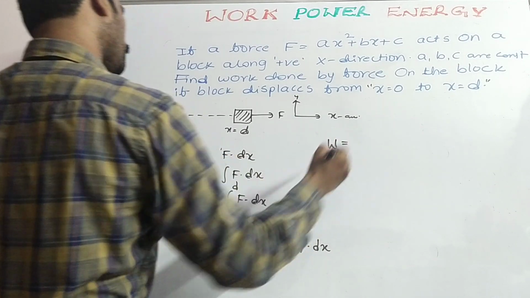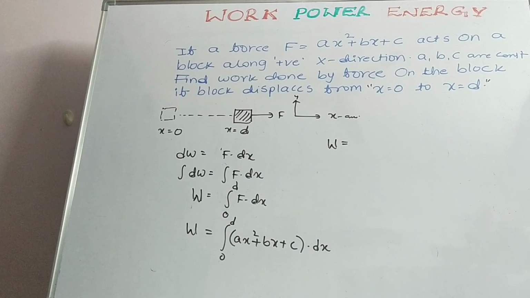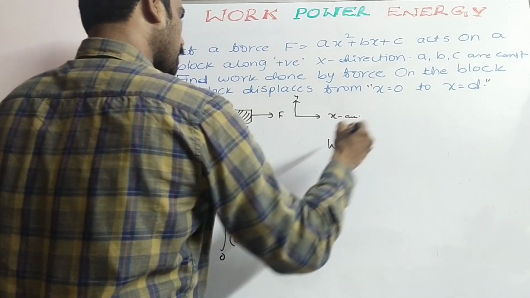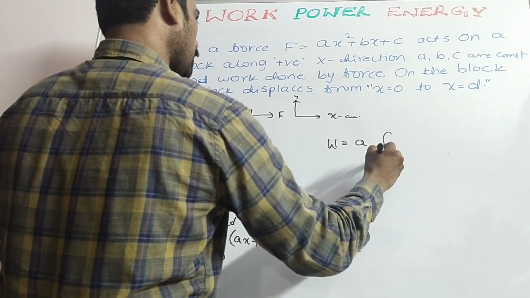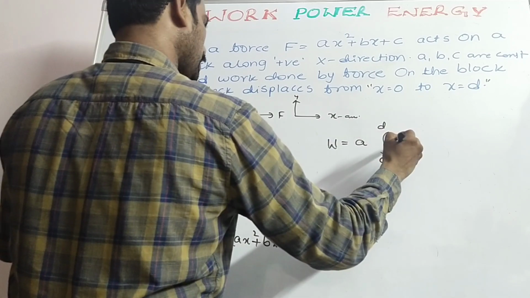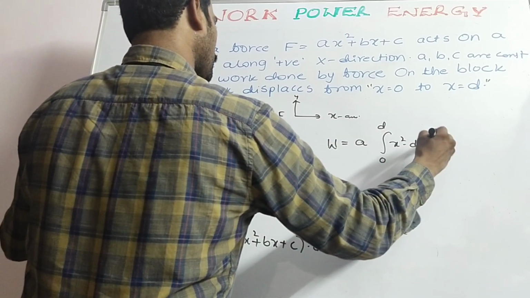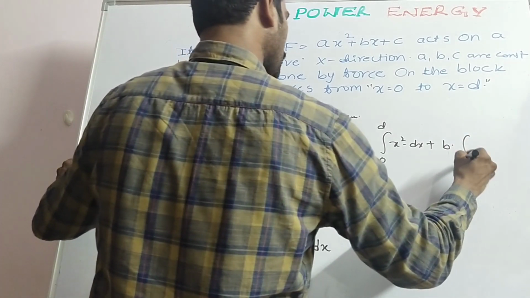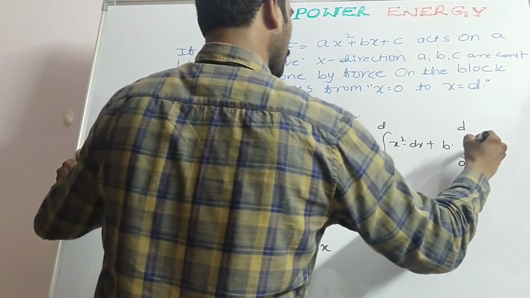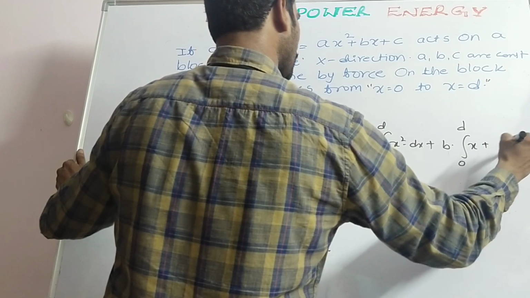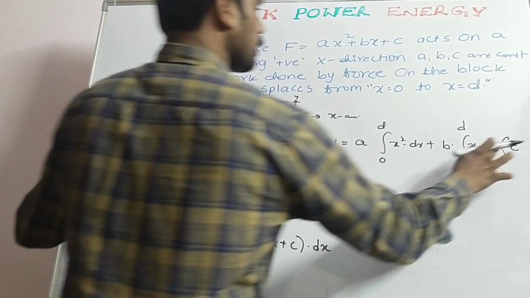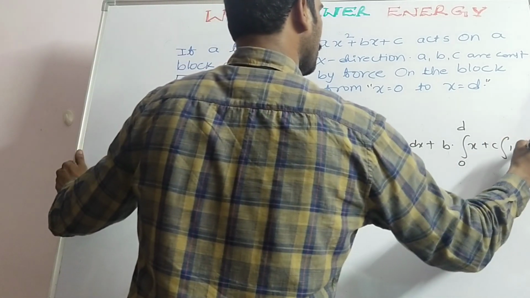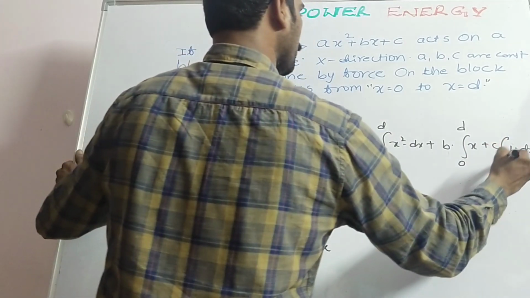Now W is equal to, constants can be written outside the integration. So integral a into 0 to d x square into dx plus b into integral 0 to d x plus integral c, c can be taken out, that is say 1 into dx from 0 to d.